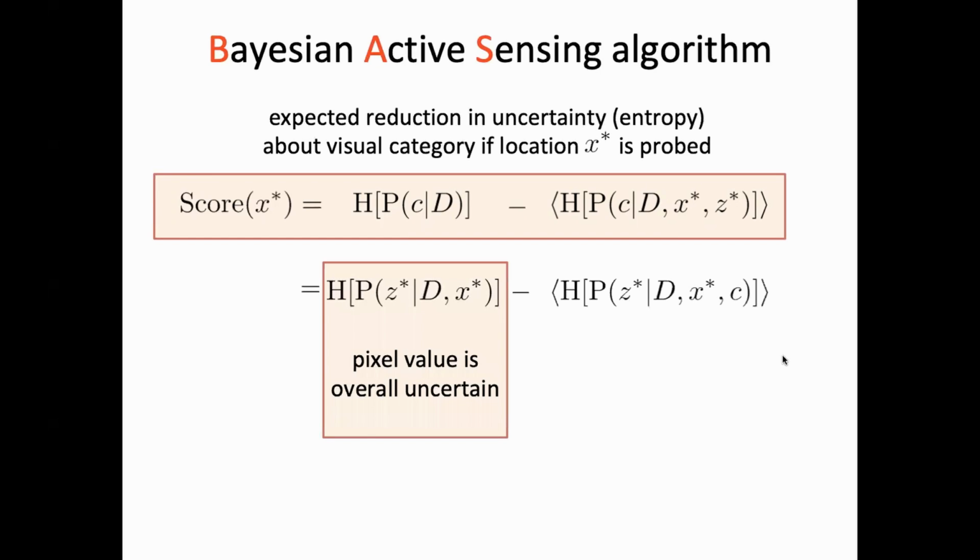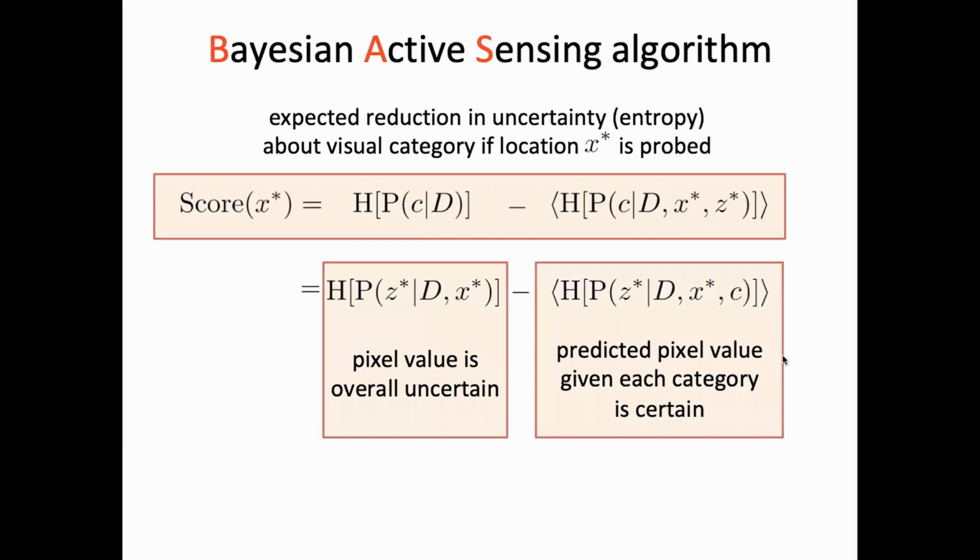The first term shows that the algorithm wants to go for a location where the pixel value is overall uncertain. But this is modulated by the second term, which favors locations where the predicted pixel value given a category is certain.